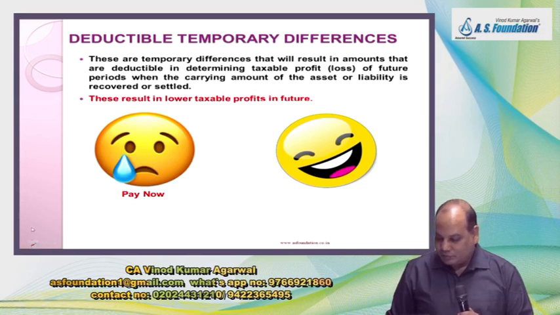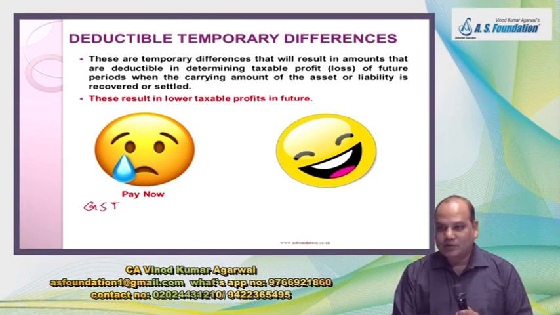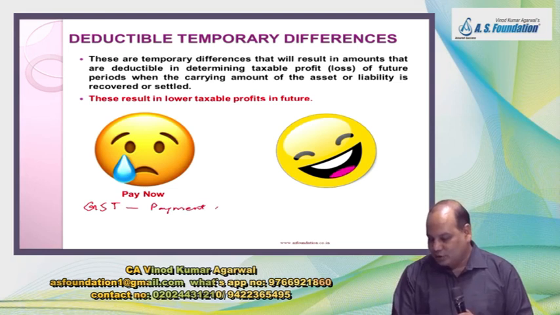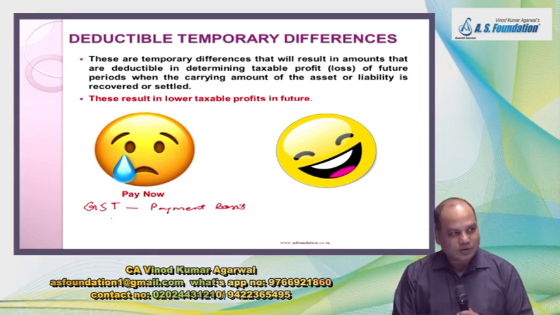Let us say the law of the country says that GST will be allowed as a deduction. What is GST? Goods and Services Tax. Only on a payment basis. So in the books of account you can create a provision for GST.